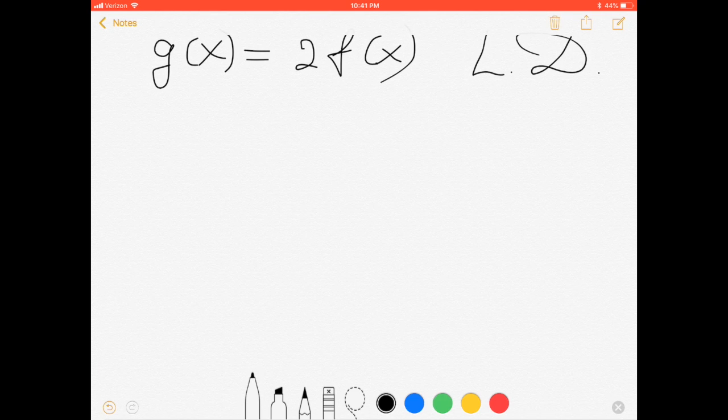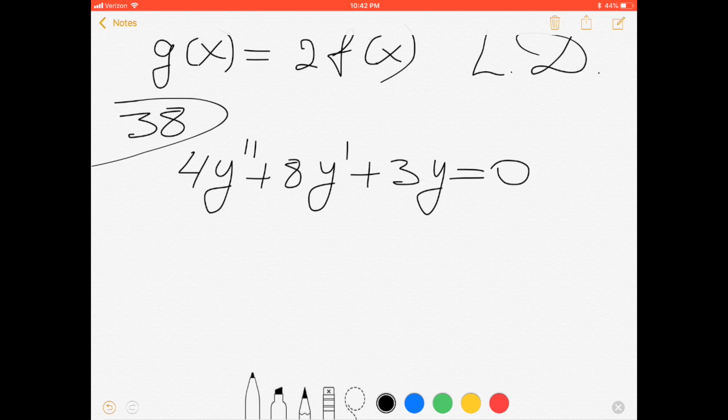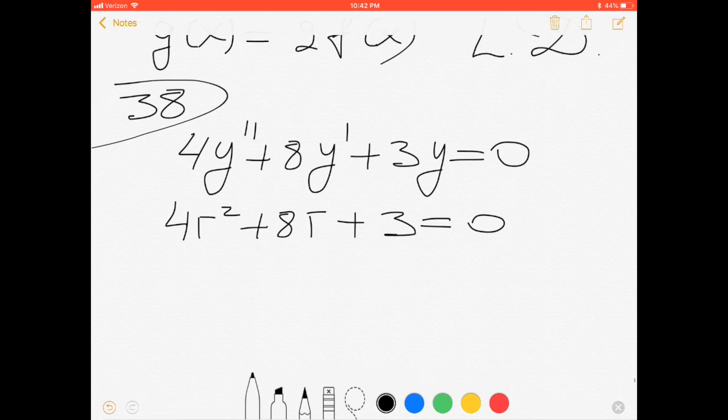Number 38. Here we have a homogeneous equation with constant coefficients. This means 4y'' plus 8y' plus 3y equals 0. First we write the characteristic equation. It will be 4r squared plus 8r plus 3 equals 0.